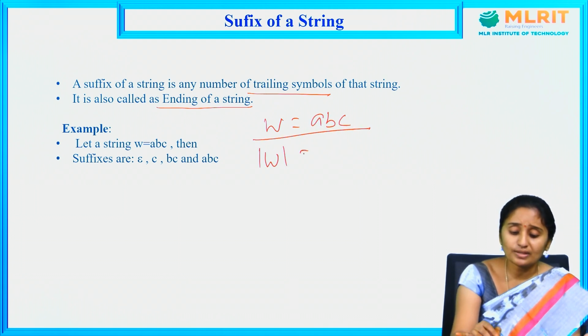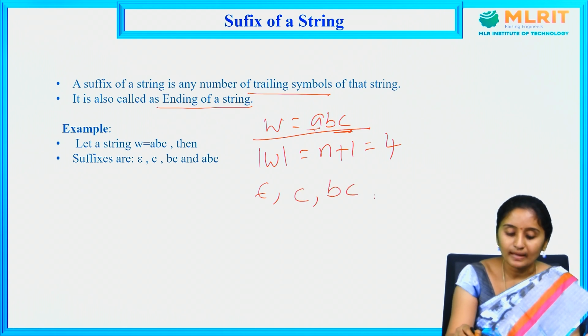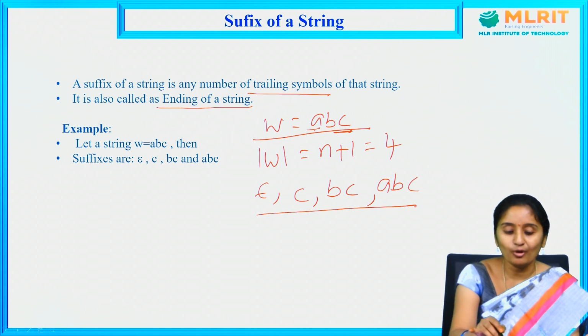The length of the string is 3, and the number of suffixes is n plus 1, that is 4. Just as we wrote the prefixes from the start, for the suffix we write from the last: the trailing symbols, the ending of a string. So epsilon, C, BC and ABC. These are the 4 suffixes we get from the string W equal to ABC.